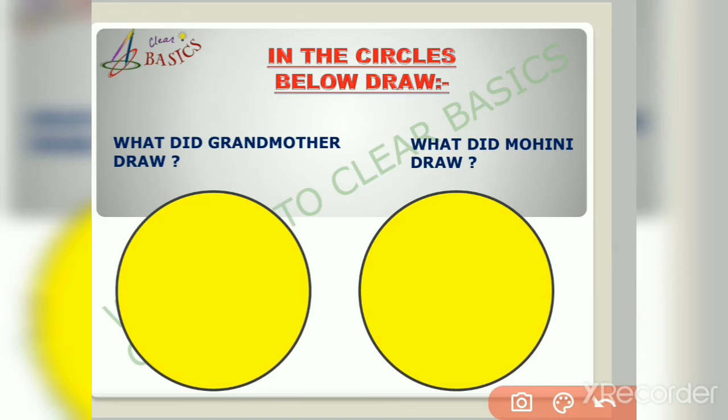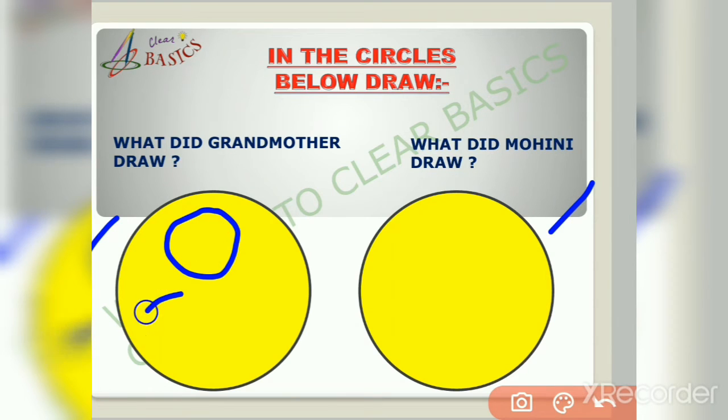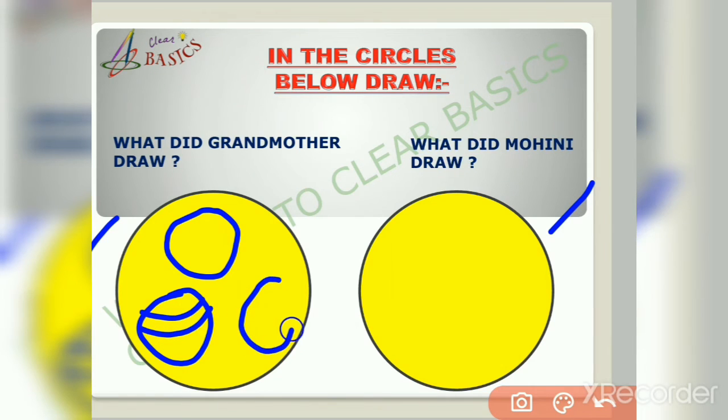Now friends, let us have some fun again. In this slide, we can see there are two circles. Let us draw the same circle which grandmother had drawn in her copy in the first circle. So, the grandmother first drew a circle, then a ball, and then a balloon.